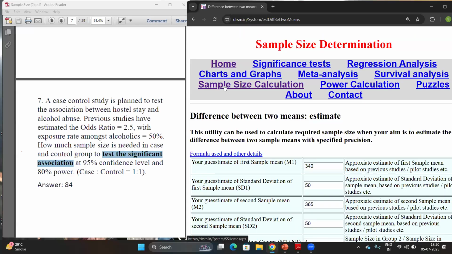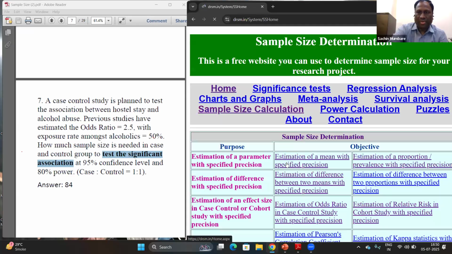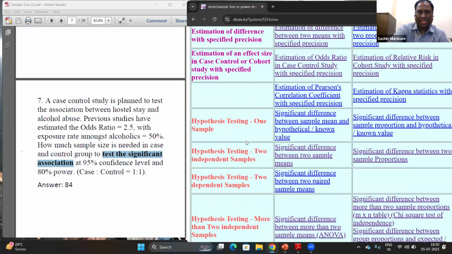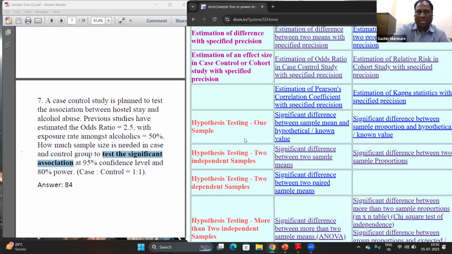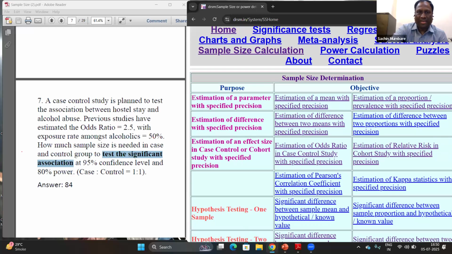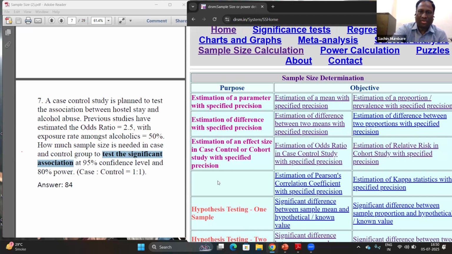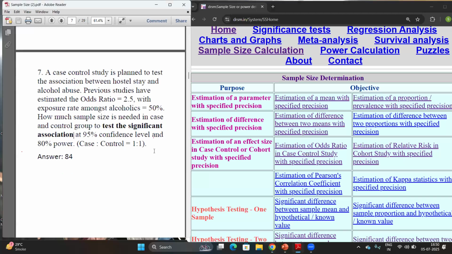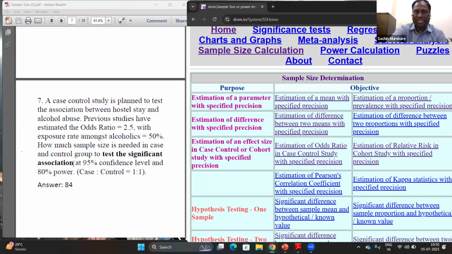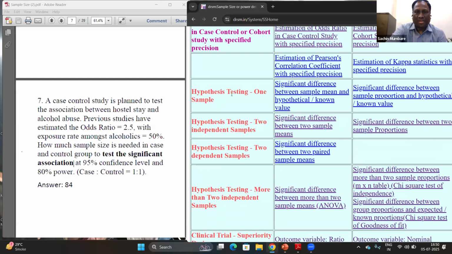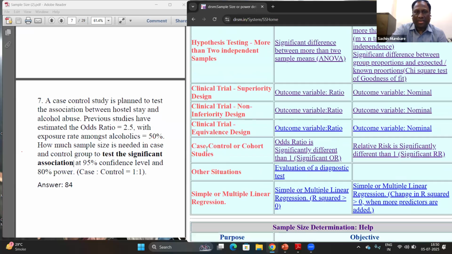So we'll go to the home page for sample size. And now, are we estimating something in this example, yes or no? No. So we'll not use any one of these. What we are doing?